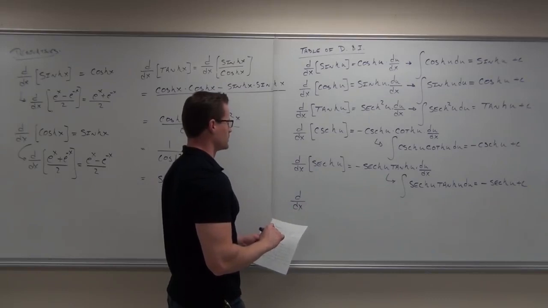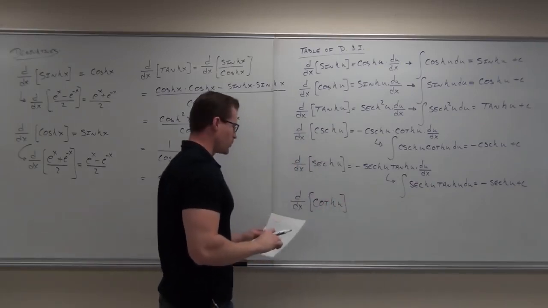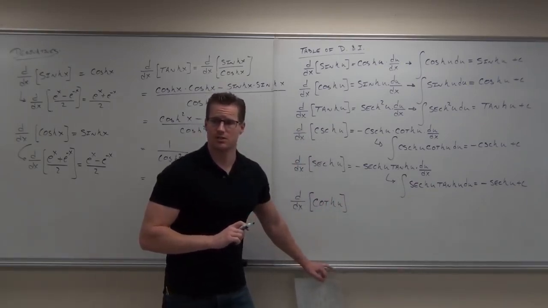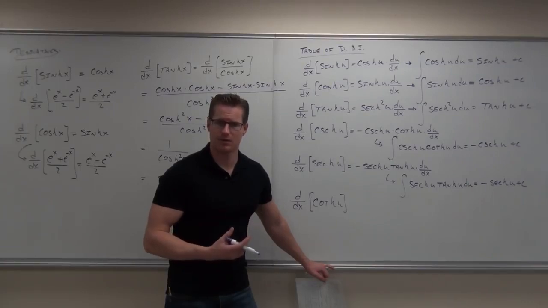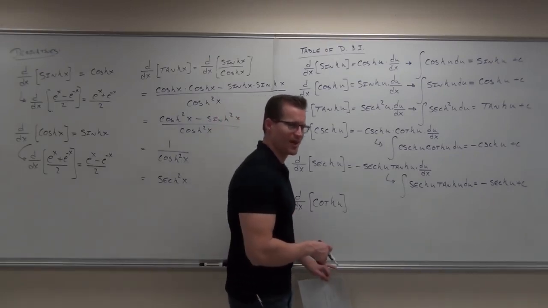What's the last one? What is the derivative of cotangent normally? Negative cosecant squared. So when we do hyperbolic cotangent, we end up getting the same thing. We get negative hyperbolic cosecant squared. It's hard to say, isn't it? There are so many hyperbolics in there.